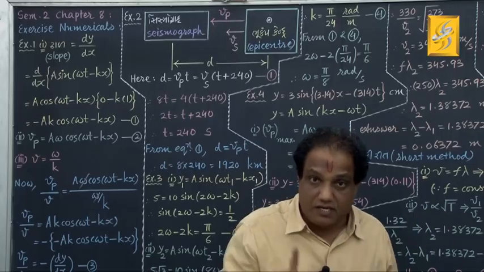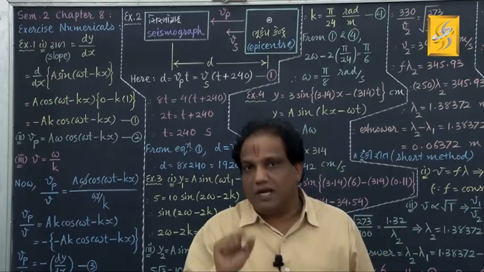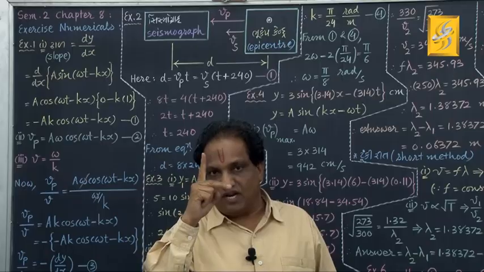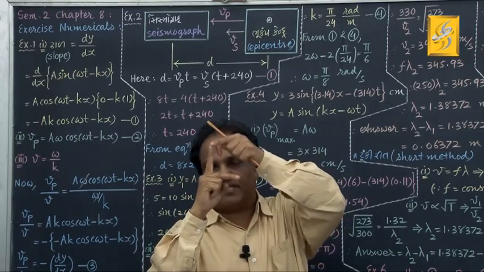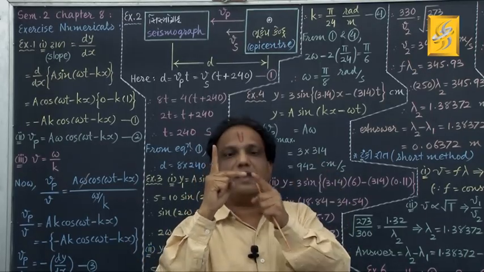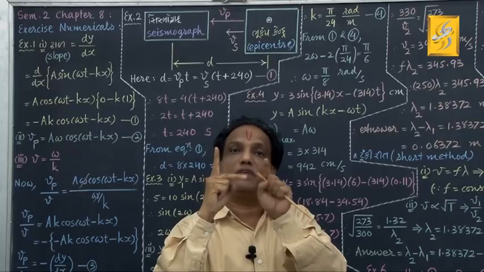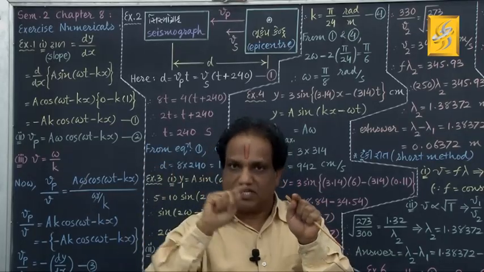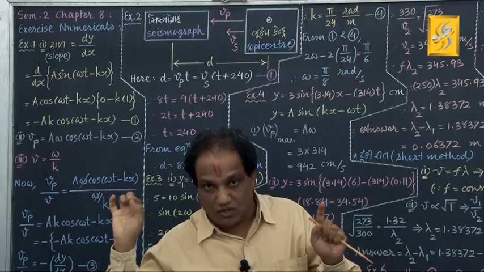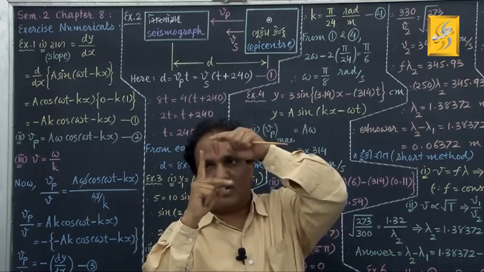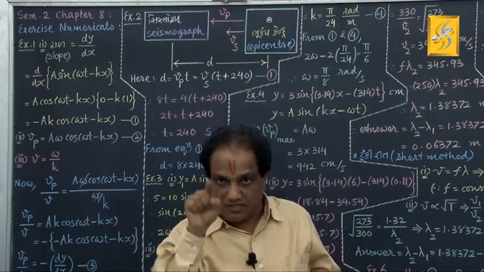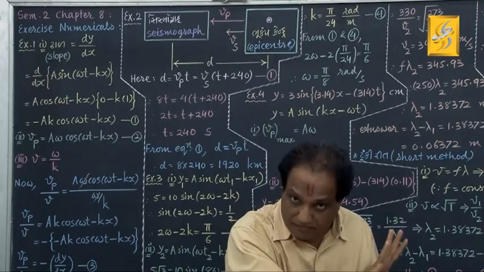The shape is like sine curve, okay? Now in that case, if you plot a graph of y versus x, y means displacement of a given particle and x means distance of that particle from the origin of the wave, correct? So if you plot a graph of y versus x, the shape is like the wave shape produced in the medium.